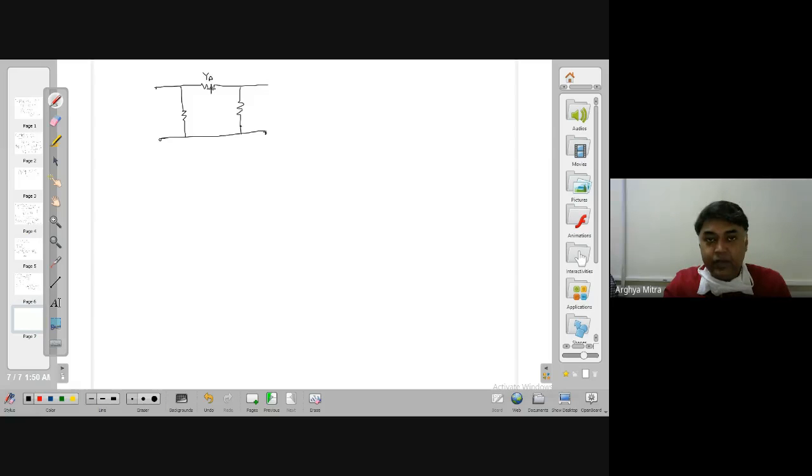The admittance is given; if it is a resistance, you may say it is nothing but one by resistance, or conductance. This is YB and this is YC. The question asks to find the Y parameter of this network. So there is V1, this is I1, this is V2, and this is I2.